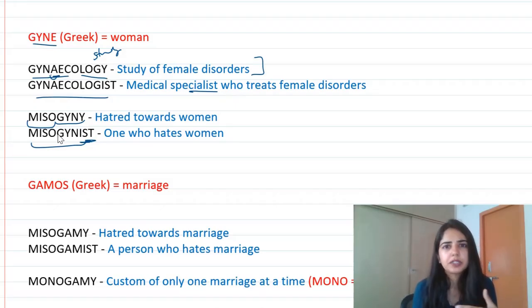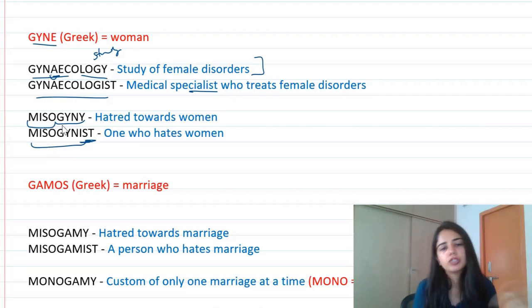Maybe his mother betrayed him, or his or her mother was very rude to him in childhood, was not caring towards him or her, or maybe he has had bad experiences with female friendships or in romantic relationships.